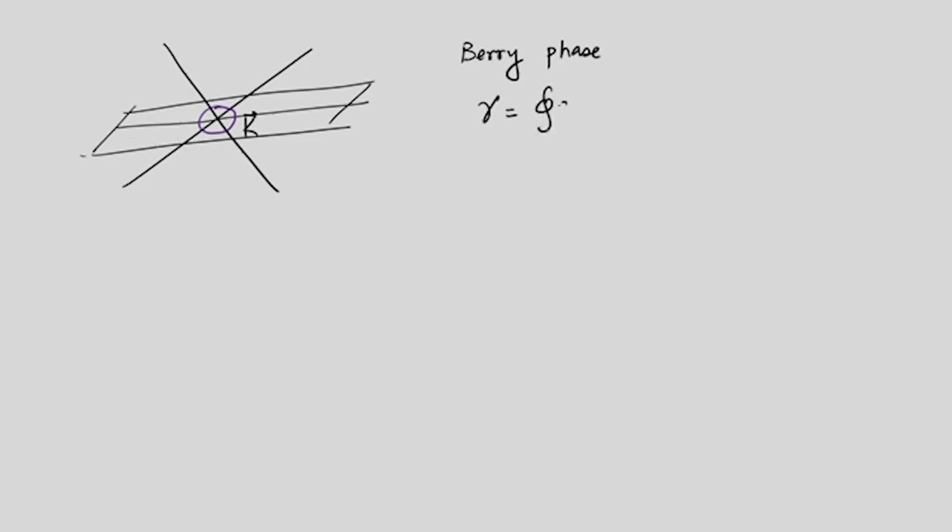So, this is like a 2D plane, I am just drawing a plane, and the electron encircles this k point, and whether it picks up a phase that is unusual or there is a finite Berry phase, that is what we want to find out. And so, the Berry phase, that is gamma, is equal to A dq, because we are in the q space, we are in the low energy limit of the Hamiltonian.